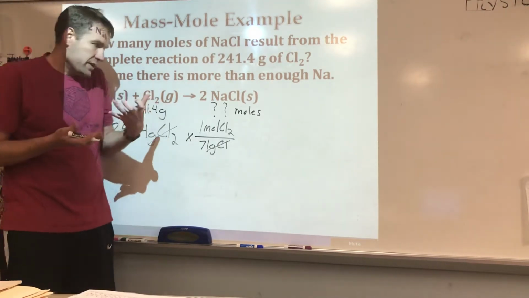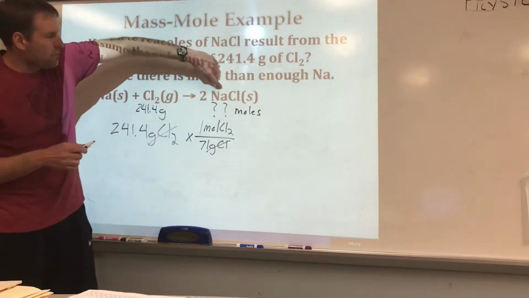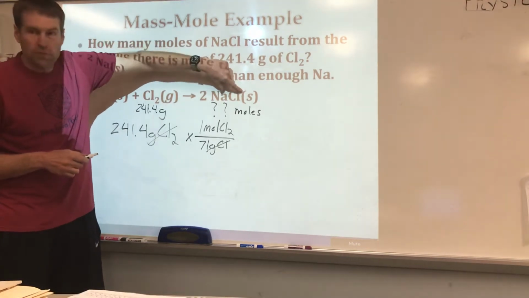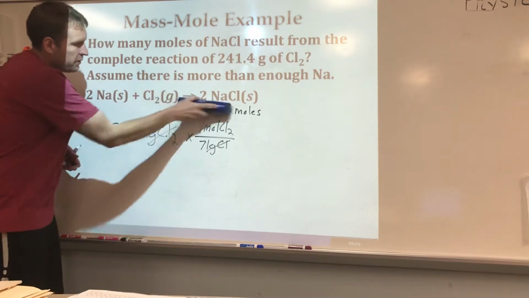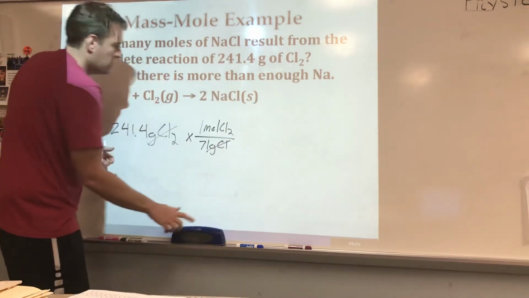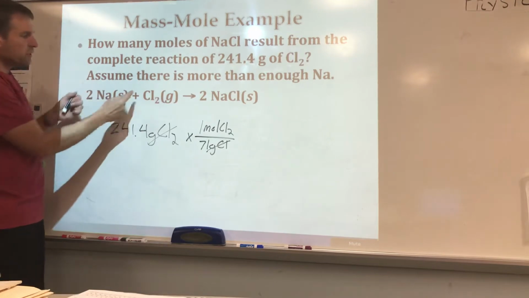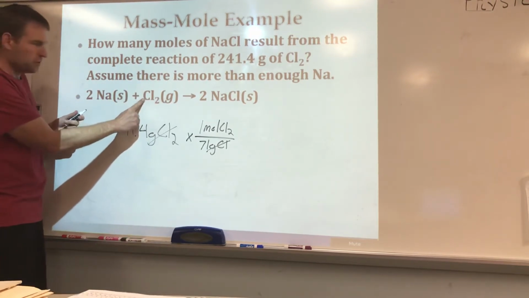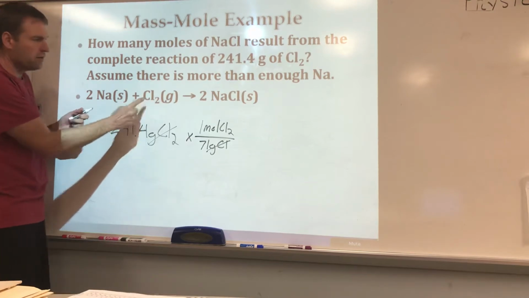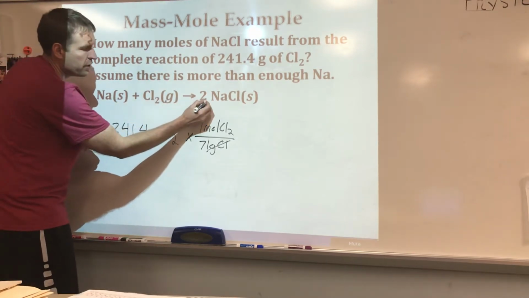Then my next step is, I want to see how many moles of NaCl that would produce. So I have to look at my mole ratio. You look at these coefficients out in front. There's nothing in front of the Cl2, which just means there's an understood 1 there, but there's a 2 here.